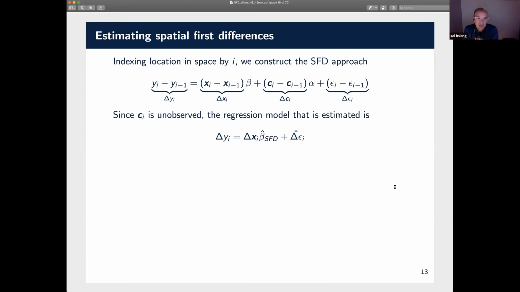You take the difference, and what is nice is that we think that the omitted variables bias of this estimator may not vanish, but it should be dramatically smaller. Essentially you take your x's, you difference them, you take your y's, you difference them, and then you just do a regression of differenced y on differenced x.